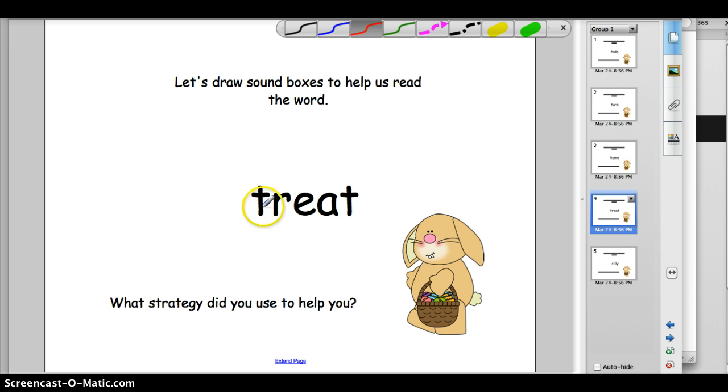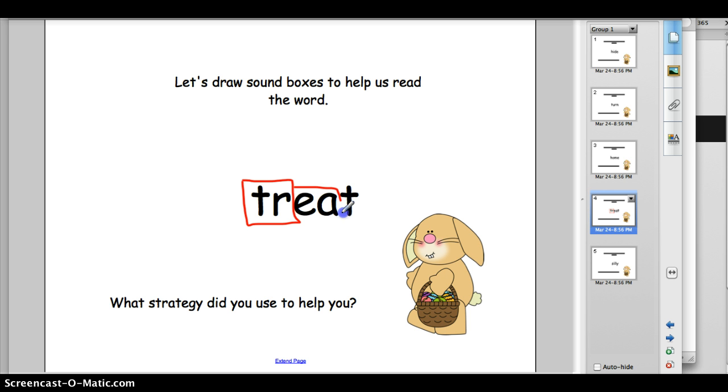So, I start at the beginning of the word, I notice there's a consonant buddy, or a blend. Tur. Now it isn't tur, at, because there are two vowels.